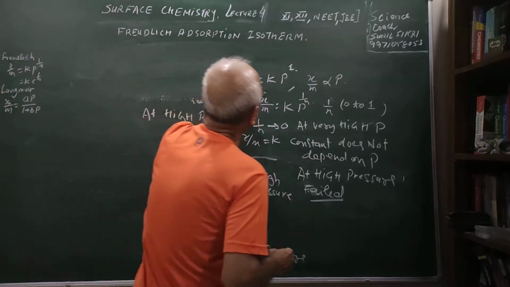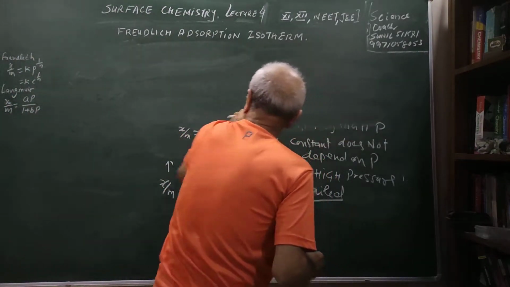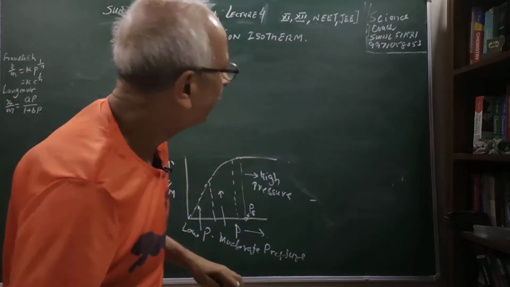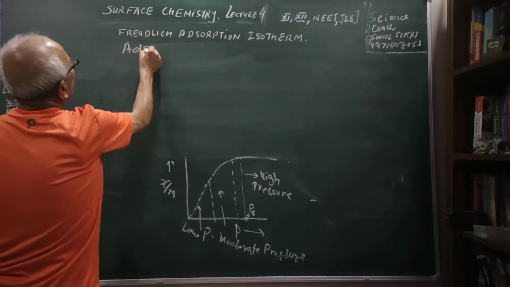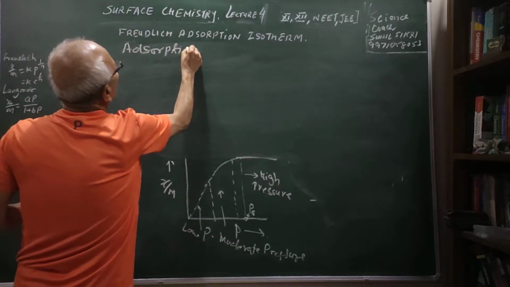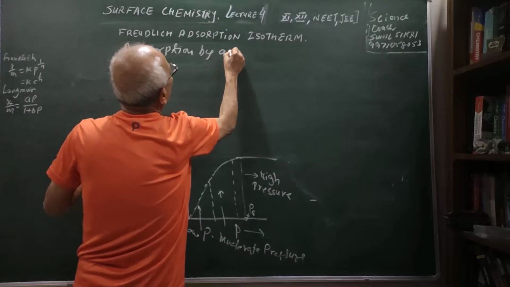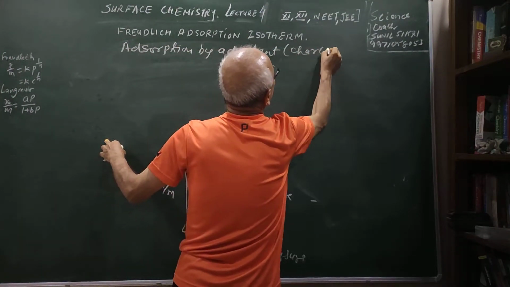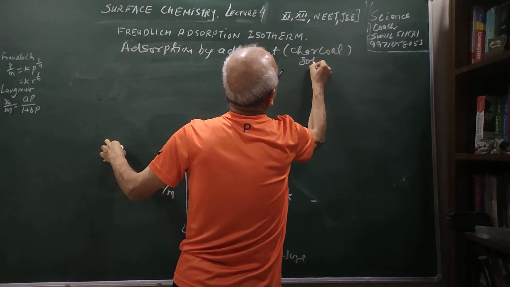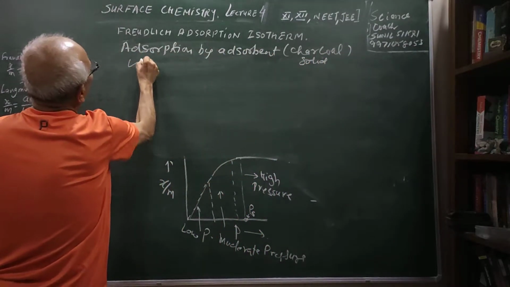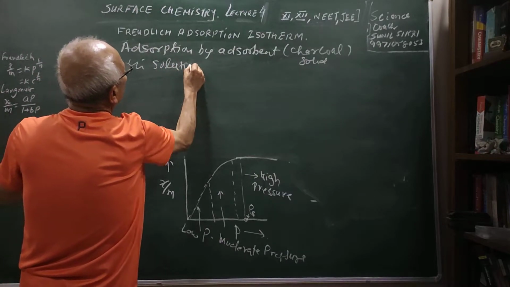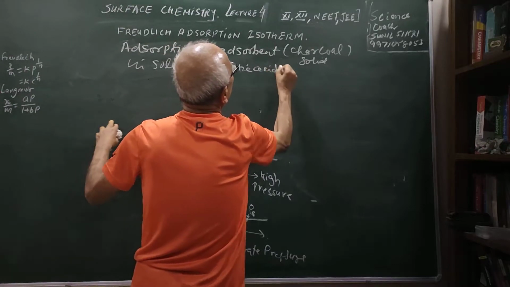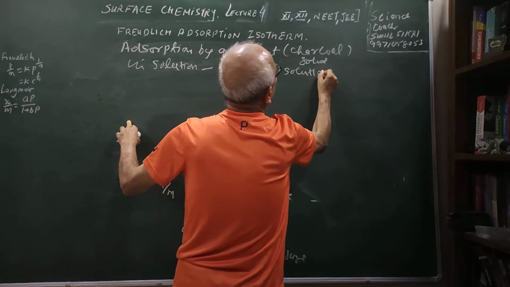Now, for solutions also, we can give the equation. If I have adsorption from solutions by an adsorbent, say charcoal, something like charcoal, which is a solid, okay? In solution, for example, I take acetic acid solution in water.